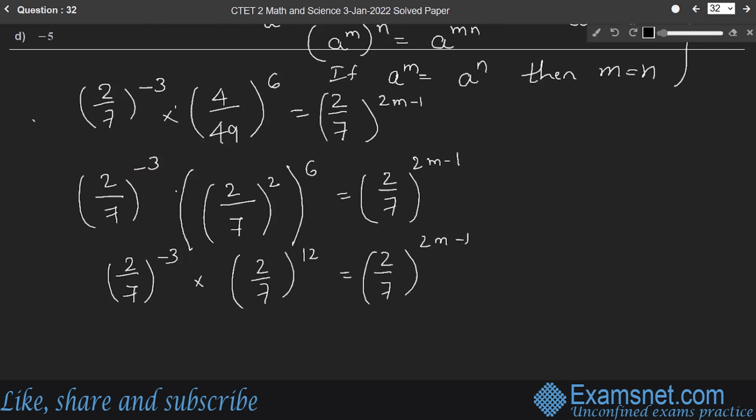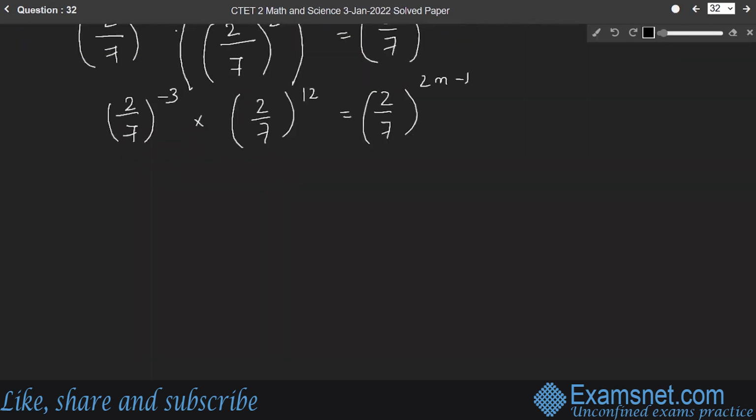(a^m)^n is equal to a^(mn), so using this formula. Therefore, a^m into a^n is a^(m+n), so (2/7)^(-3+12) is equal to (2/7)^(2m-1). Therefore, if a^m is equal to a^n, then m is equal to n.